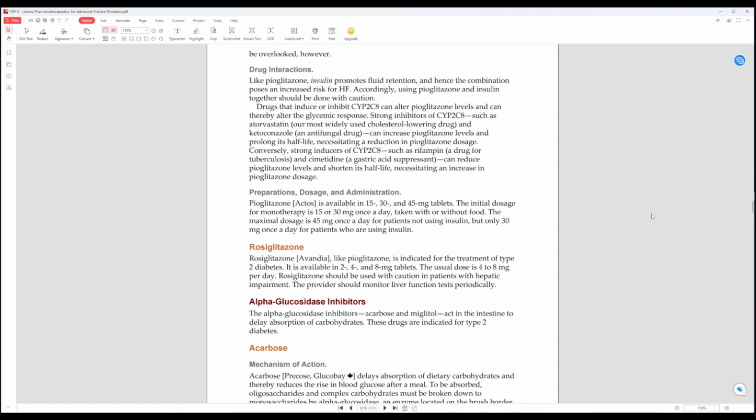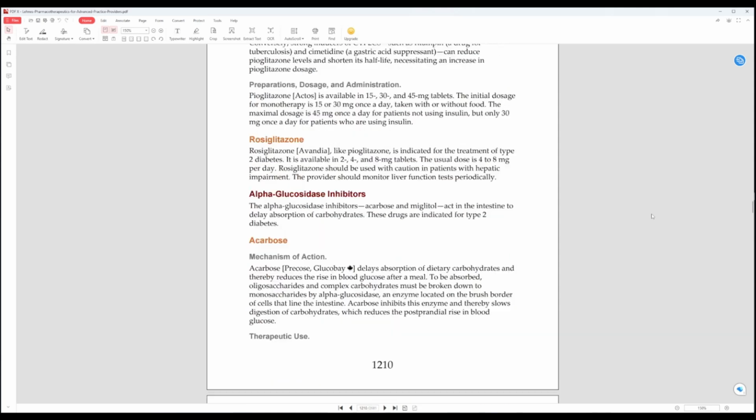Conversely, strong inducers of CYP2C8, such as rifampin and cimetidine, can reduce pioglitazone levels and shorten its half-life, necessitating an increase in dosage.